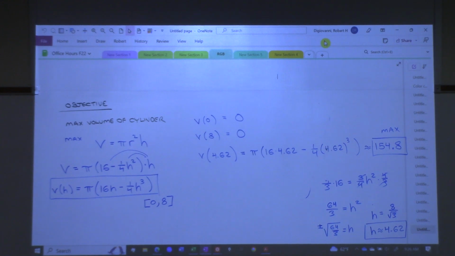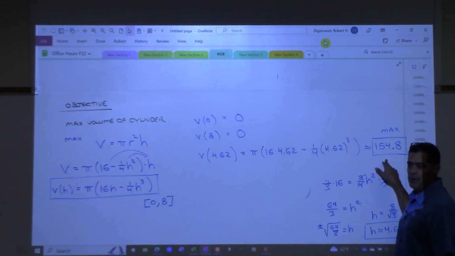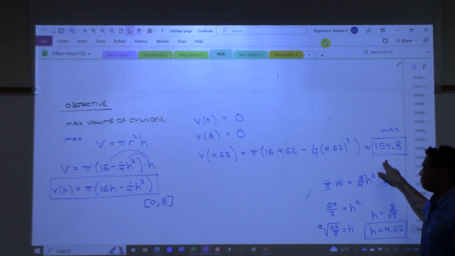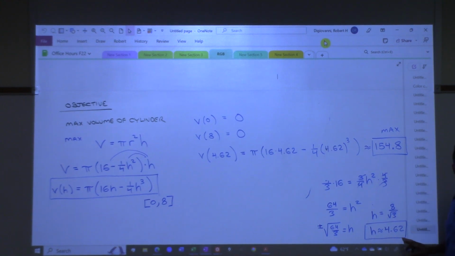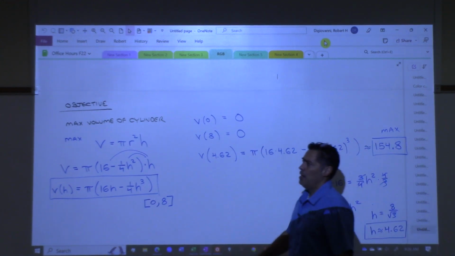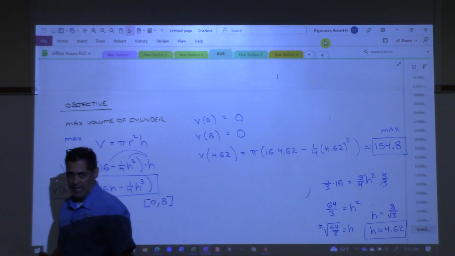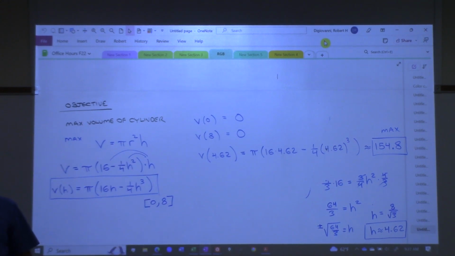Thank you. So this is the maximum volume that we can get, right? And it happens when h is 4.62, right? Now, just to be precise, what units should this be in? It's a volume, and the radius of the sphere was 4 feet. So anytime you measure volume, it should be whatever unit you have cubed, so cubic feet.